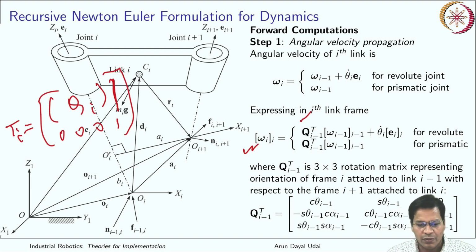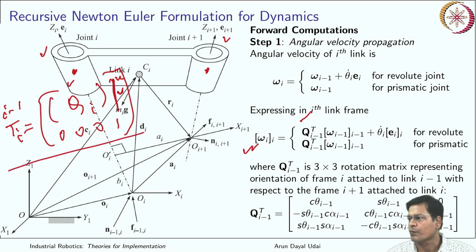This is your Qi, that is the link transformation matrix that takes you from this to this, and this gives you the position of this with respect to this, and the orientation of i plus 1 with respect to i. So this is what your transformation matrix gave you.